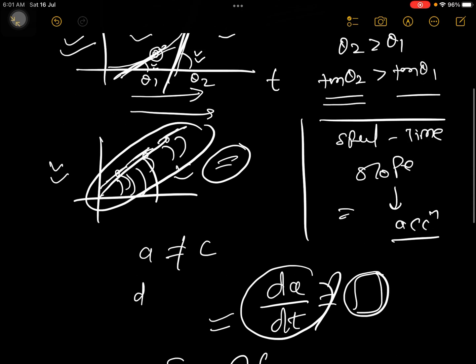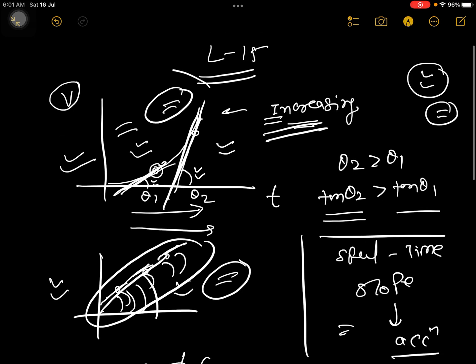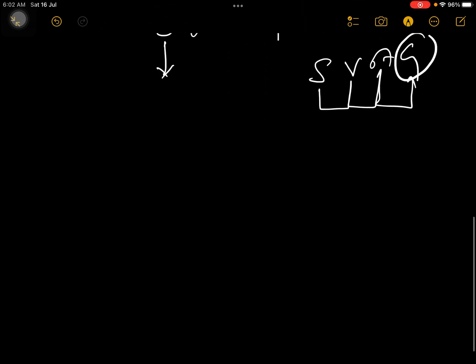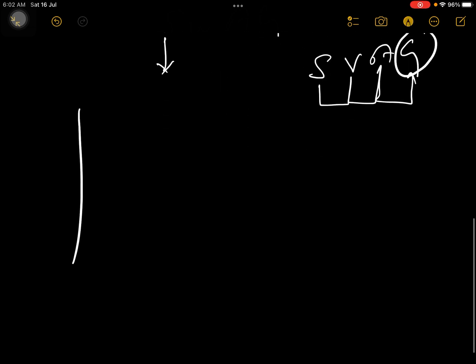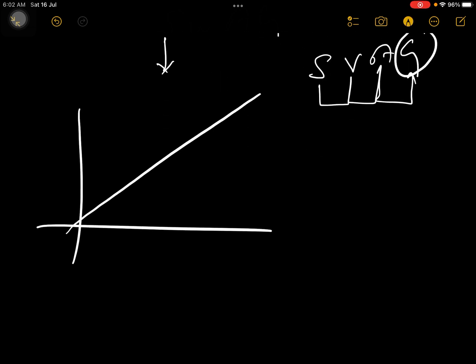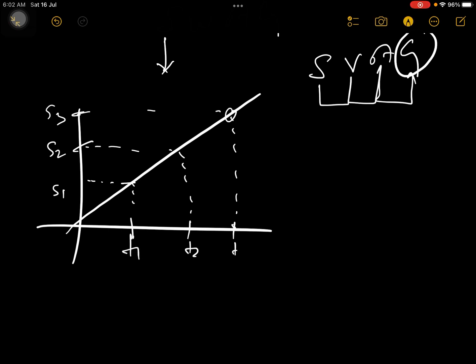Here I will give you one physical feel. You can see if you have a graph like this, at this time your velocity is this, at this time your velocity is this, and at this time your velocity is this. So these are your speeds v1, v2, v3, at times t1, t2, t3.